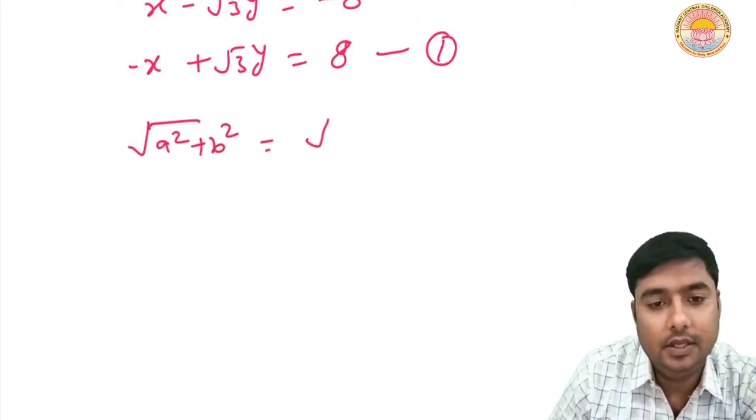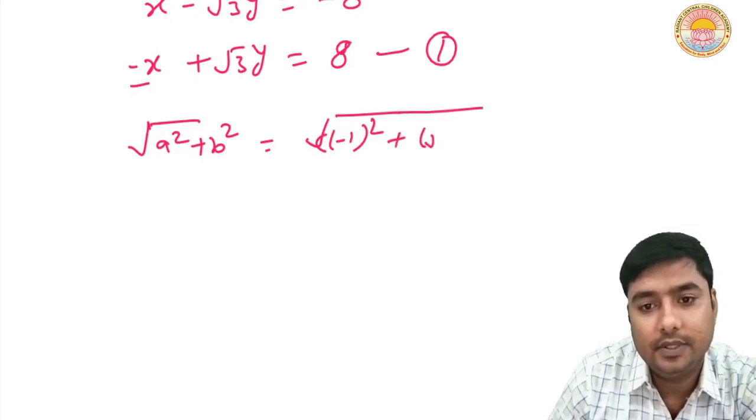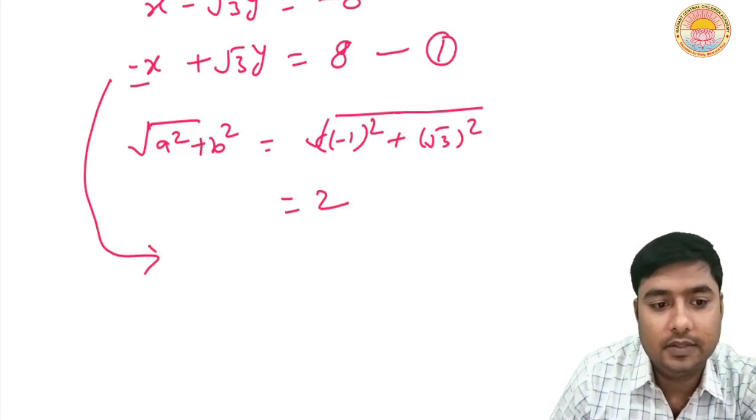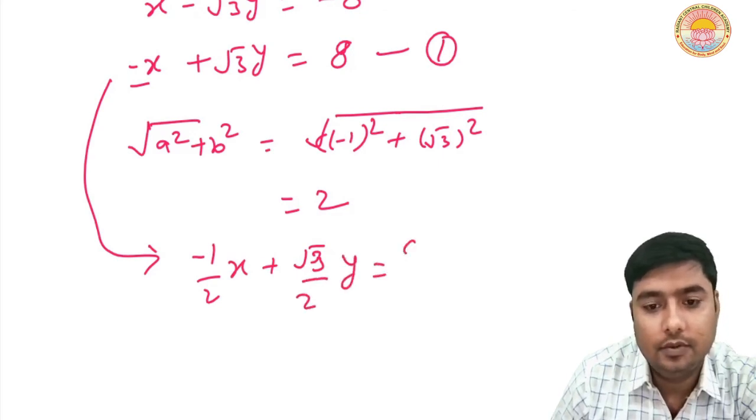That means square root of the coefficient of x, minus 1 square, plus the coefficient of y, that means root 3 square. It means 1 plus 3, that is 4, square root of 4, that is 2. It means minus 1 upon 2 of x plus root 3 by 2 y equals to 8 by 2.